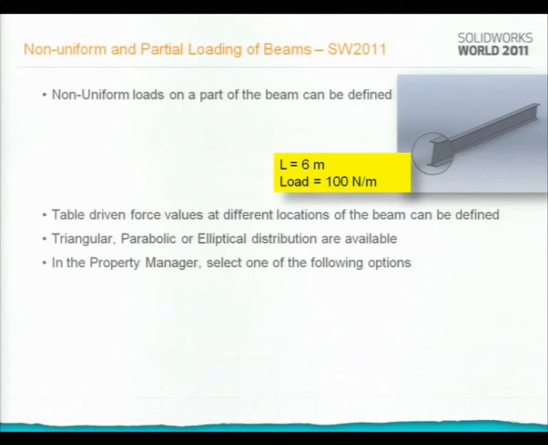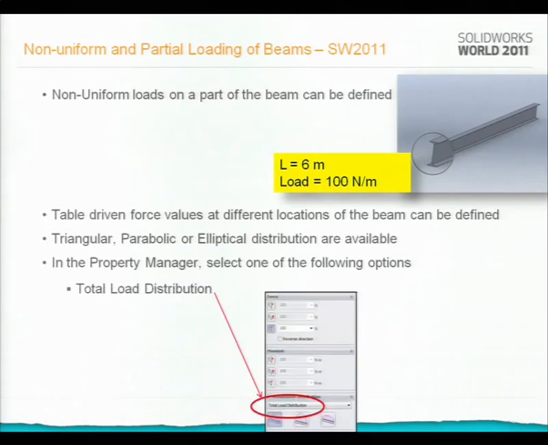So in the property manager, remember, table-driven force is the most general, and we have the other ones, triangular, parabolic, and elliptical. If we use triangular, parabolic, or elliptical, we can choose this option.